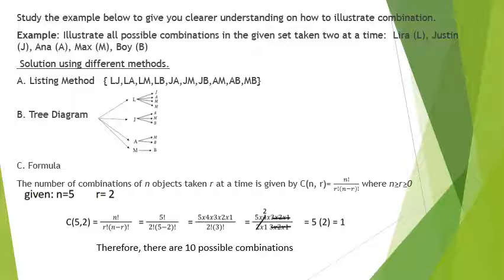B, we have the tree diagram. C, we have the formula. In the listing method, we just list down the combinations. In the tree diagram, of course, you show the diagram of the combinations. And in C, using the formula, you solve given the formula.